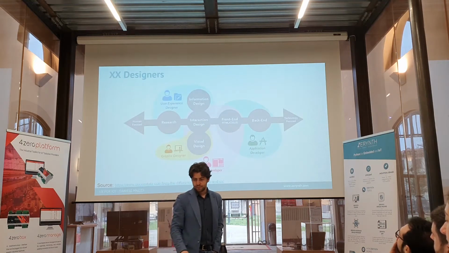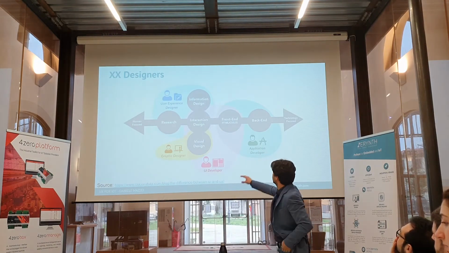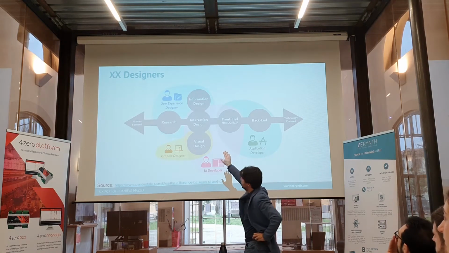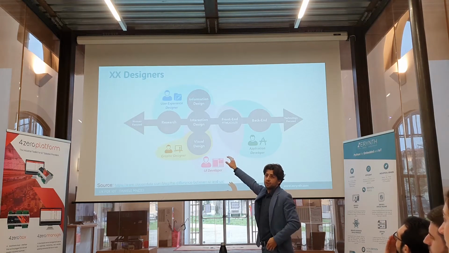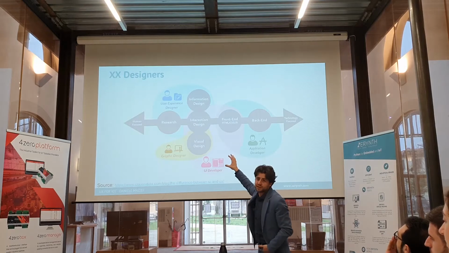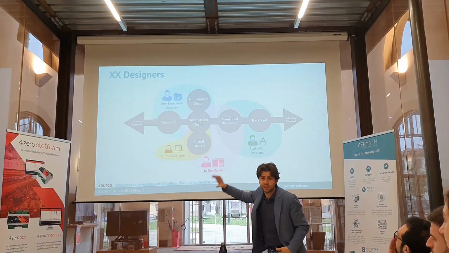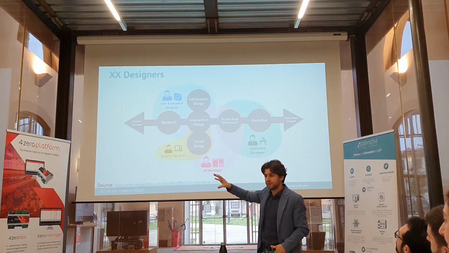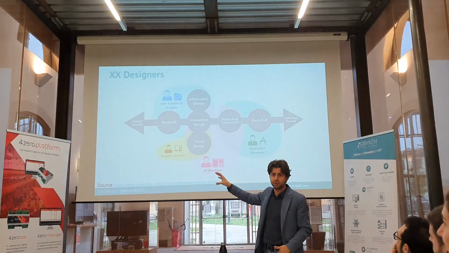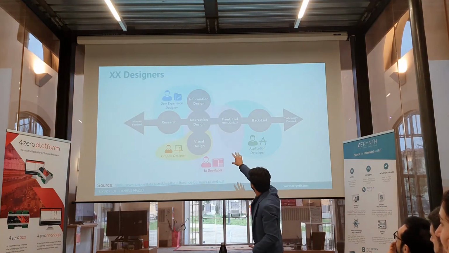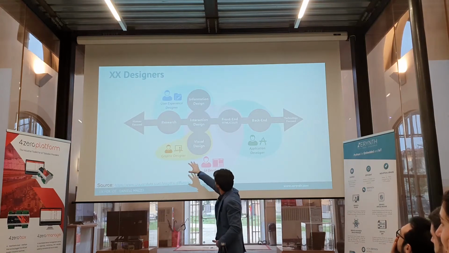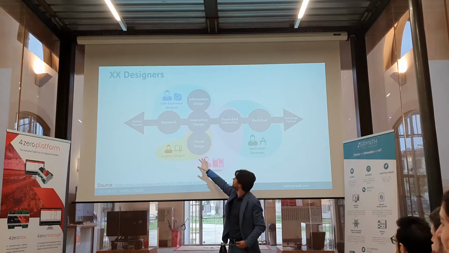So the core of a technology should be focused on the interaction design. You have to think what will happen to your user while interacting with your software. In order to do this, you need to design the visual aspect.